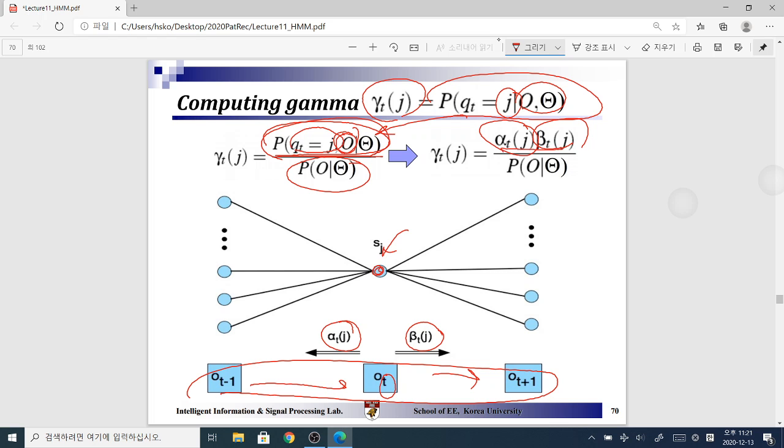Therefore, the numerator is essentially just the product of alpha sub t of j and the backward beta sub t of j, and the denominator would be the same, which is the probability of the observation sequence.